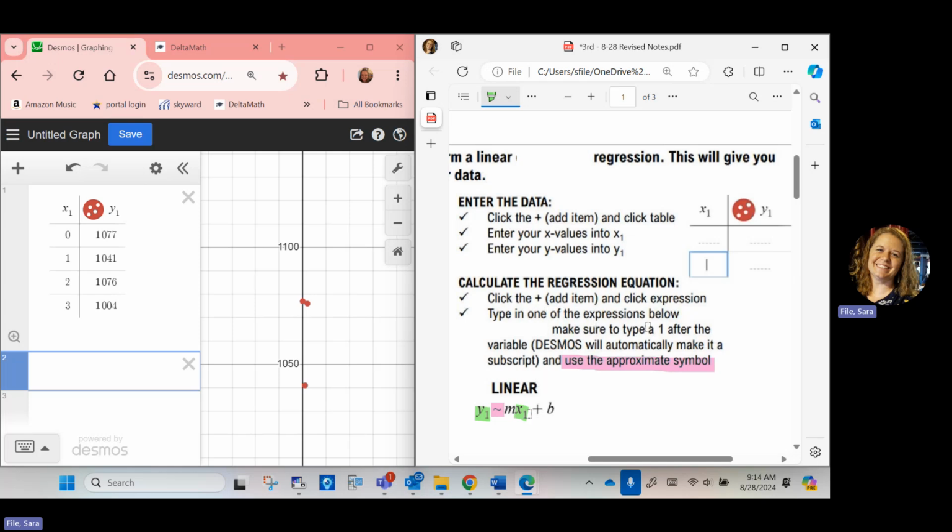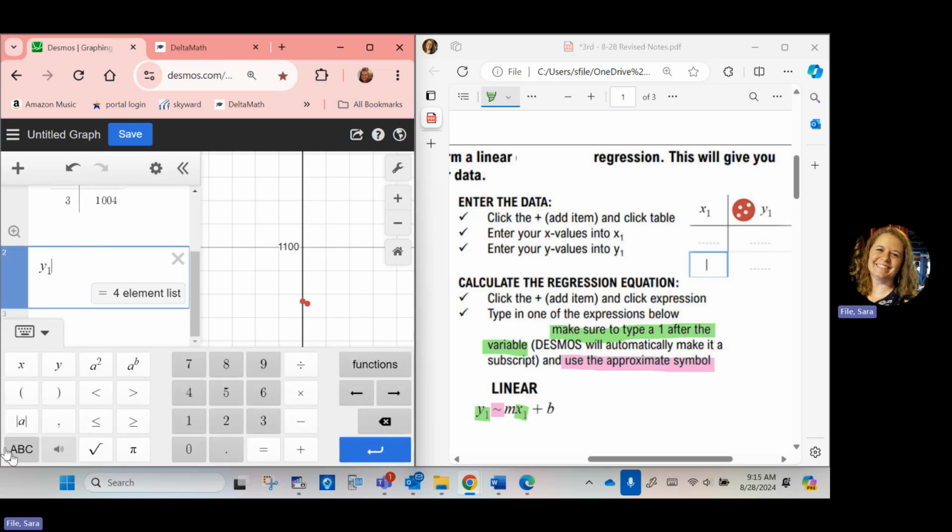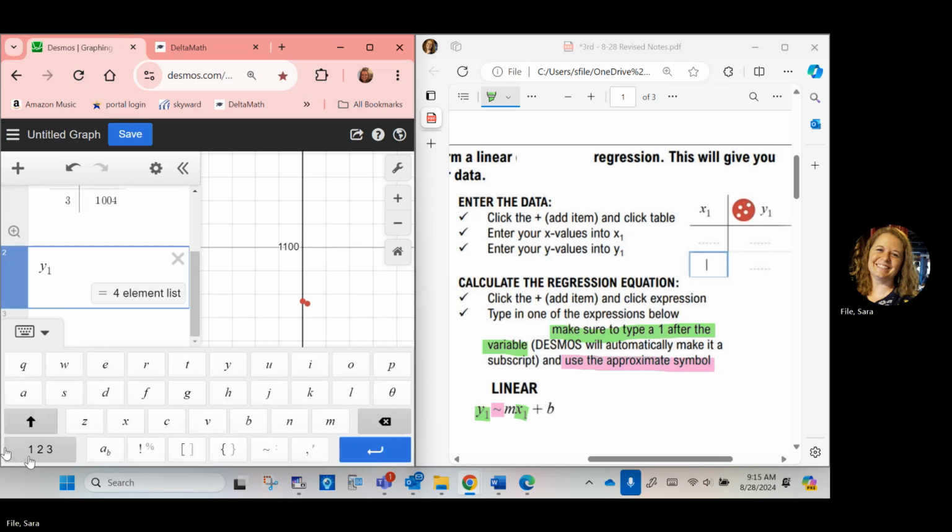Make sure to type the 1 after the variables. When you do that, it will automatically make it a subscript. So I'm going to come over here and do this typing. I'm just going to type Y, and then when I type 1, look, it automatically made it a subscript. Now I'm not going to push equal. I need that tilde. On your keyboard in Desmos, if you open up your keyboard, you hit this ABC button, and then it's down here, bottom row on the rightish side.